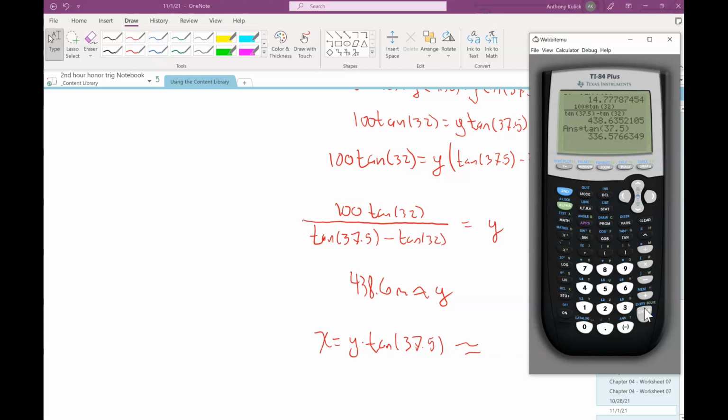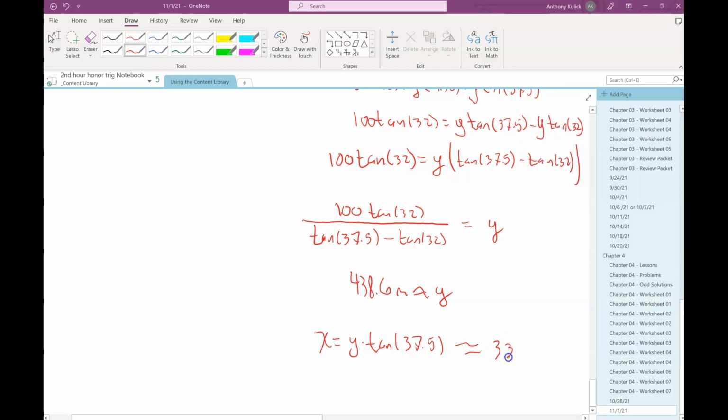So 336.6 meters tall. I don't really know how tall the Eiffel Tower is, but that's probably close. What do you think? Anybody been to France? About 1,000 feet tall? I don't know. Who knows? Wikipedia would, but I'm not really interested in going to find that. So that's kind of the worst case scenario where you might end up having to solve a system. But that's not so bad.